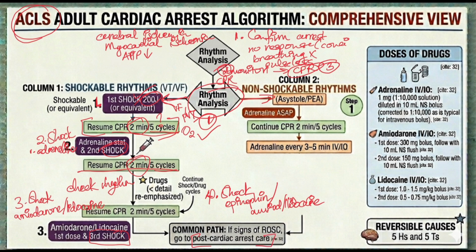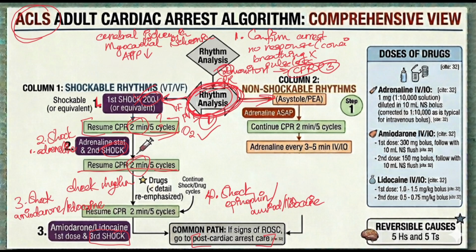But let's go back and look at the situation where, after rhythm analysis, we find that the rhythm is non-shockable. Most people here think the answer is epinephrine, but it's not so.